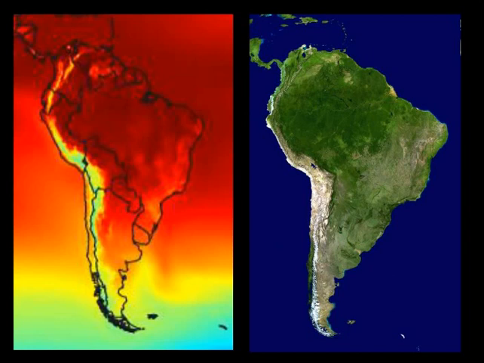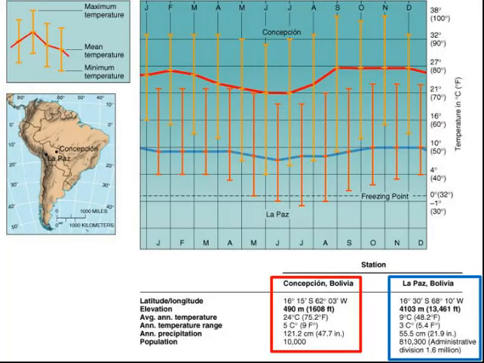One thing we can do is compare 2 different cities, one at a higher altitude that's at relatively the same latitude as a place at a lower elevation, which we'll do with 2 cities here, La Paz and Concepcion. Essentially at the same latitude. There's really no difference there, but you'll notice on the following images a pretty big difference as far as their temperature profile.